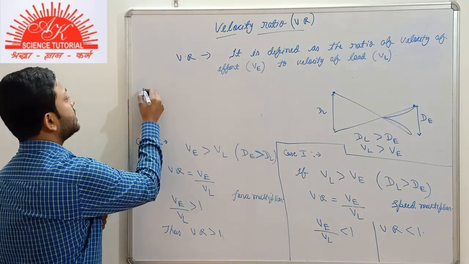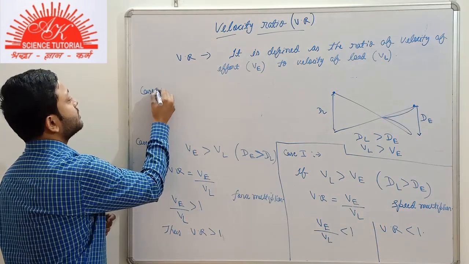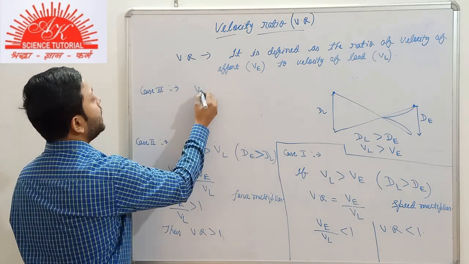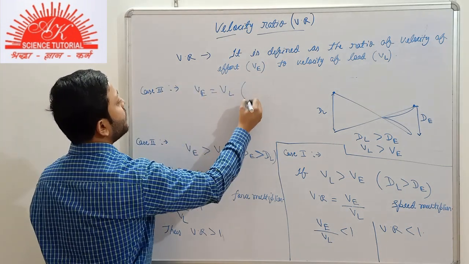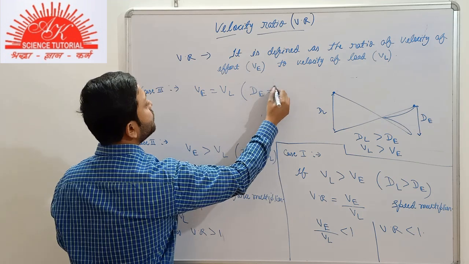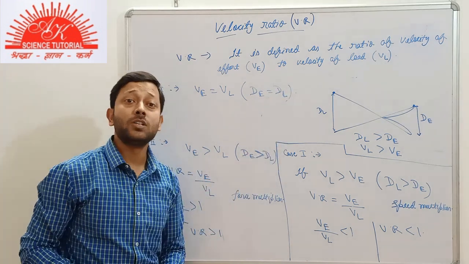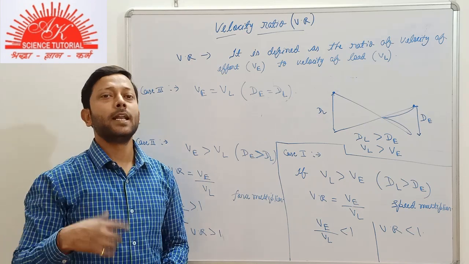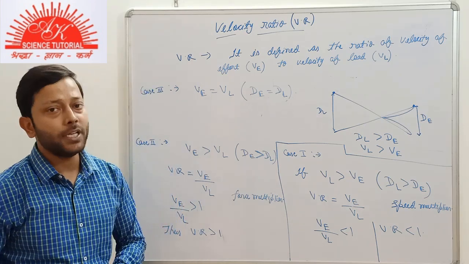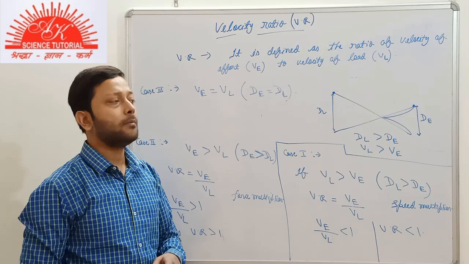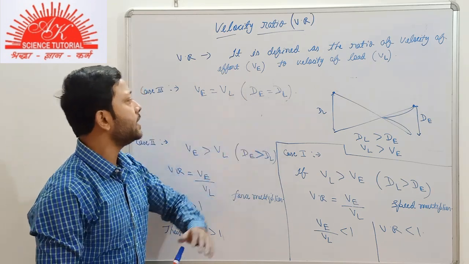Now, case 3, when VE is equal to VL, or we can say that DE is equal to DL, as in the case of a single fixed pulley. In the next part, when I tell you about the pulleys, we will discuss it briefly. DE is equal to DL.